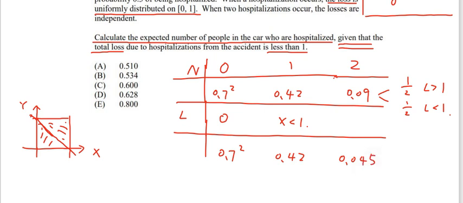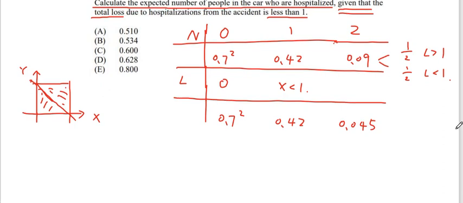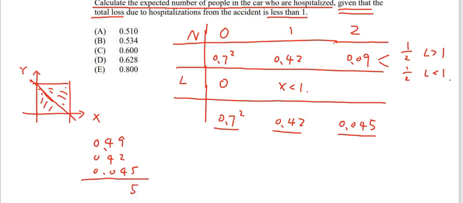But this is a conditional probability, so it does not total 1. So we just need to divide by the total to make it equal 1. So the total, let's say, here 0.49 and 0.42 and 0.045.